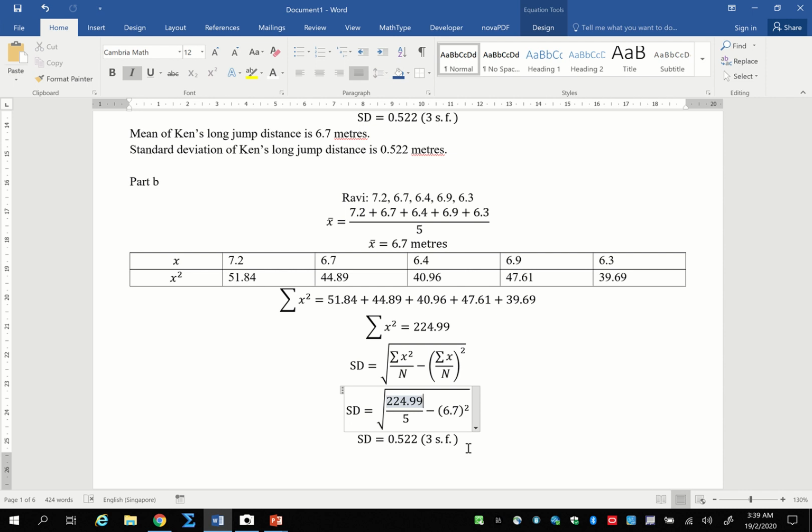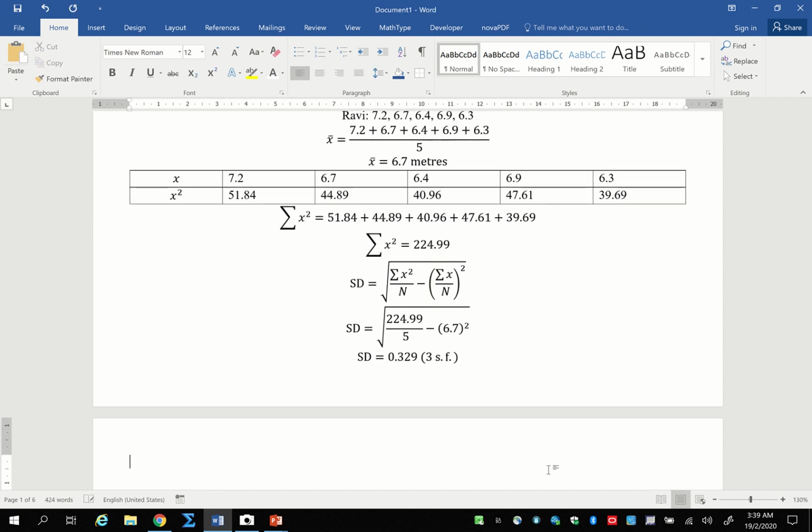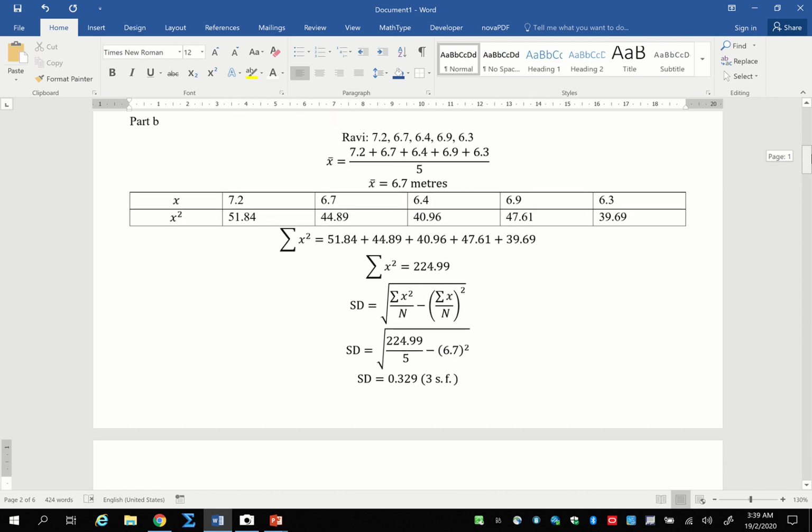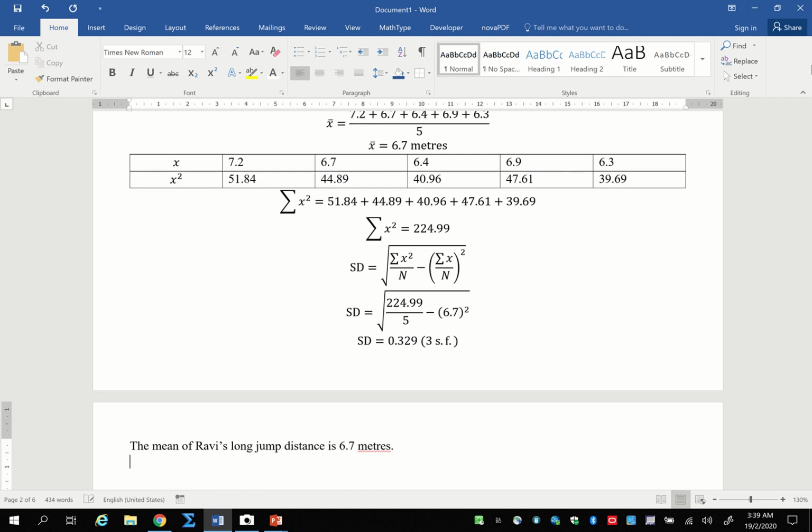To 4.99, we will get 0.329. So we can now conclude that the mean of Ravi's long jump distance is 6.7 meters, which is the same as Ken's, and the standard deviation of Ravi's long jump distance is 0.329 meters.